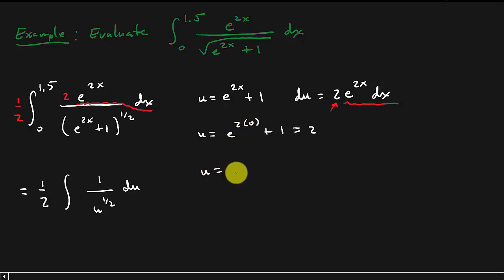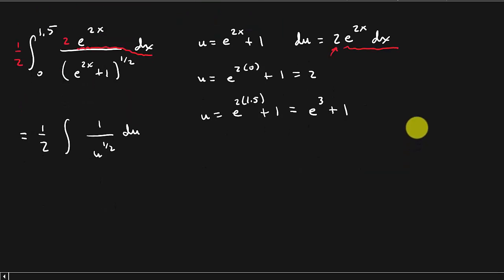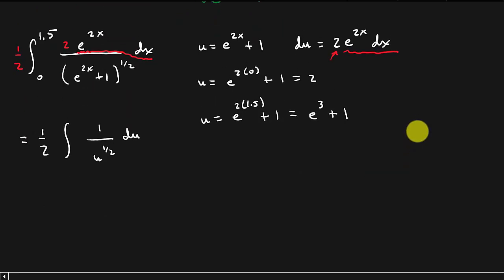And u equals e to the 2 times 1.5 plus 1, 2 times 1.5, that is e cubed plus 1. All right, so that's my new limits. So this is going to be 2 to e cubed plus 1.